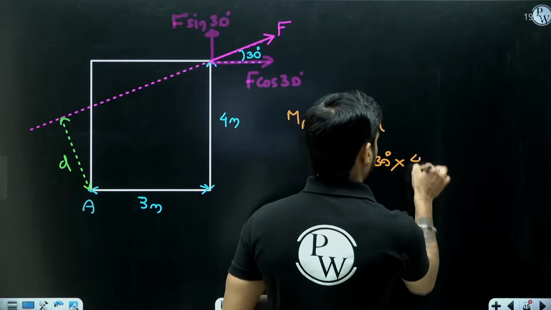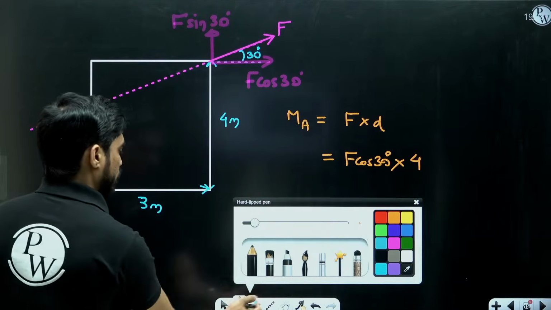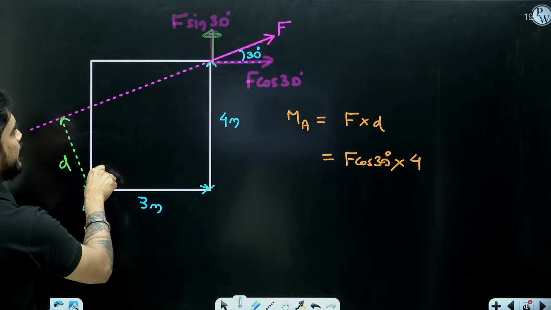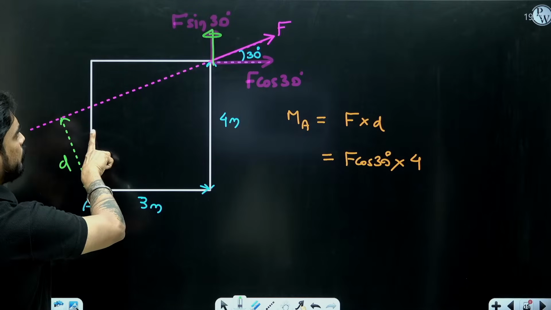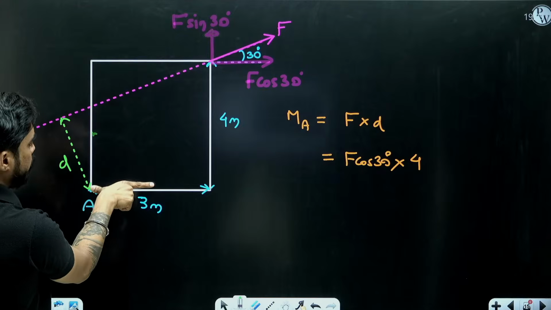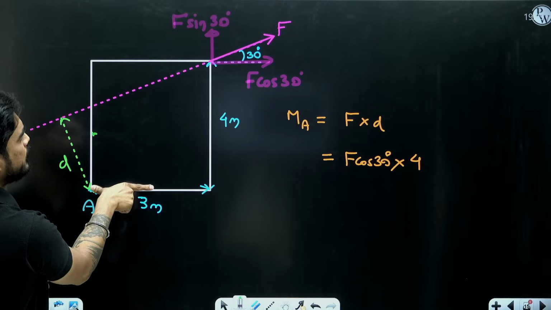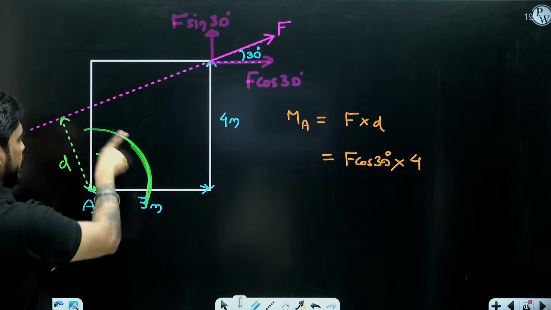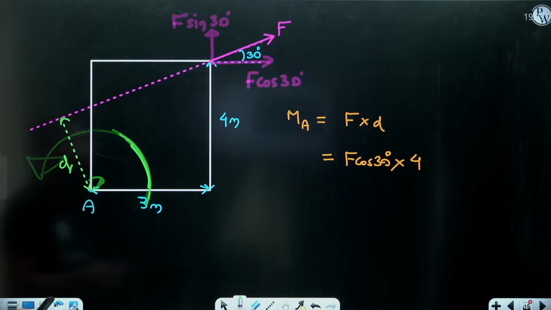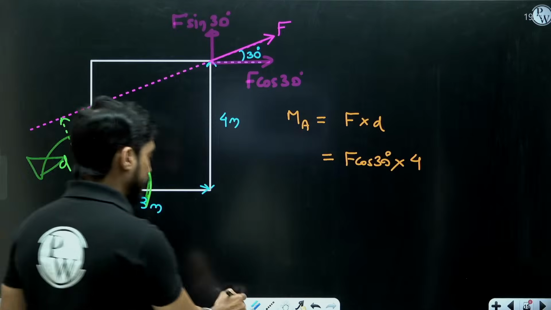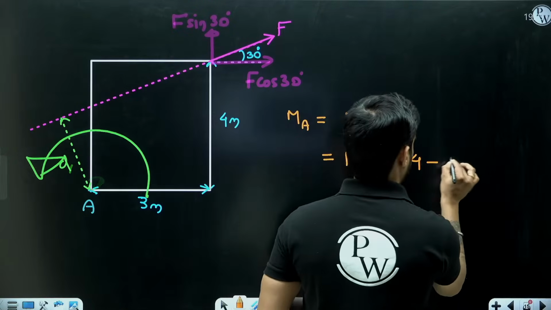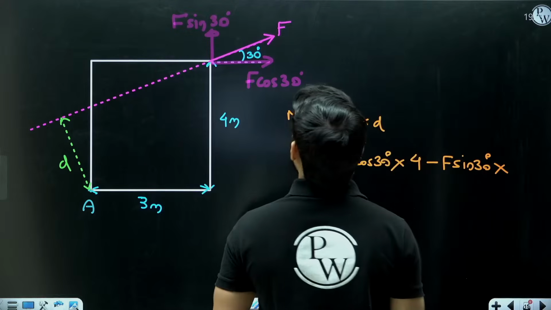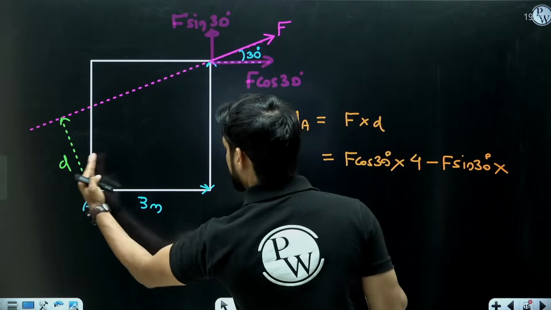Now, what will be the direction of moment of the other component? Put the thumb at A, show the finger towards the force and move the finger in the direction of the force. So it is applying anti-clockwise moment, so I will take it negative. So minus F sin 30 multiplied by the distance, 3.